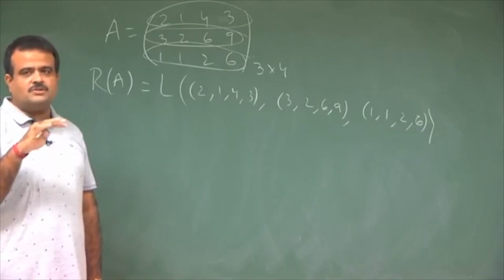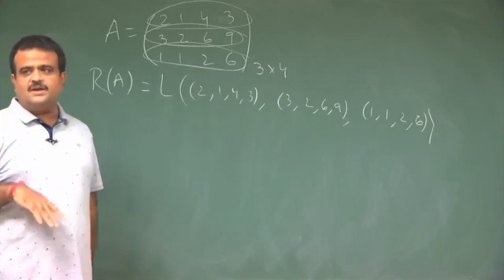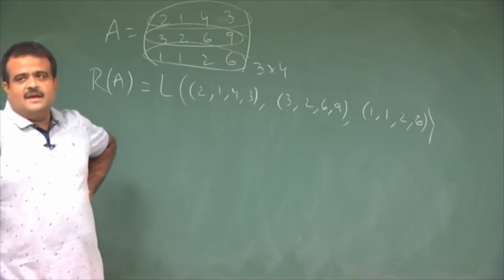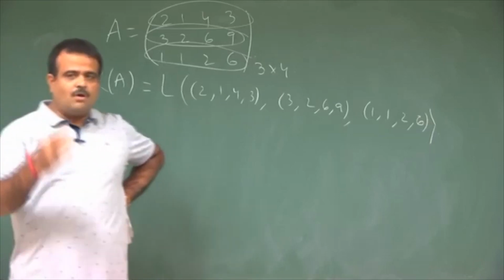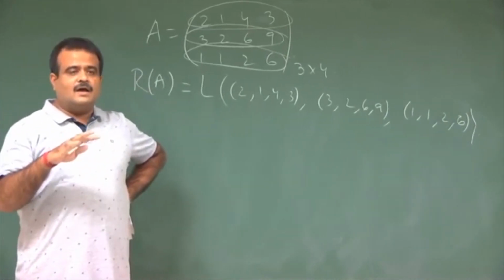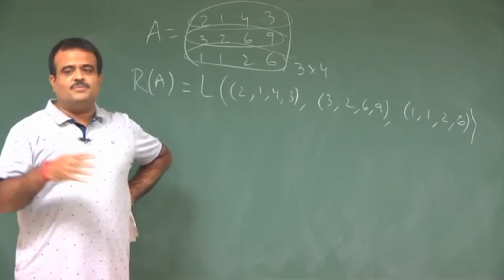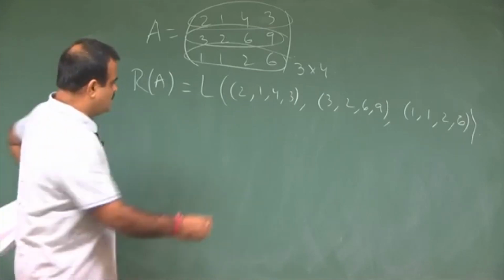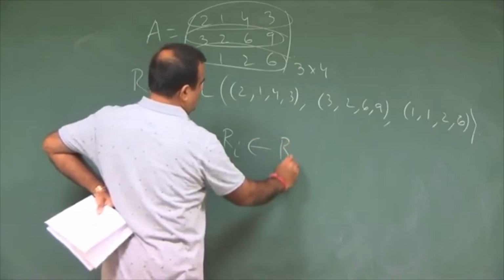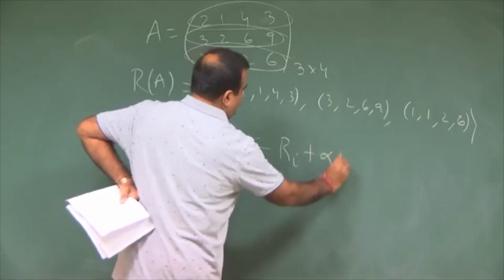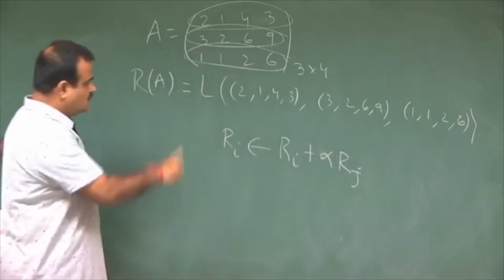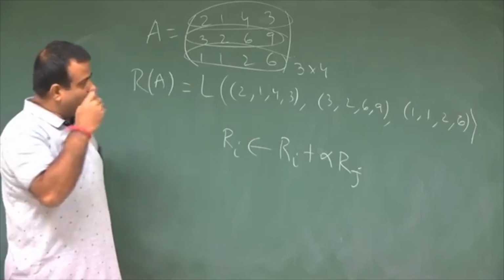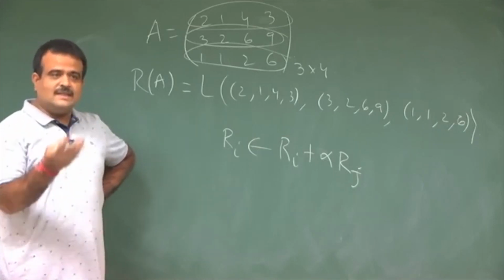When we apply the row operations, we are again doing a linear combination of the rows: if we replace R j by R j plus some alpha R i, this is nothing but a linear combination of the rows, exchanging 2 rows is nothing, and multiplying a row by a constant is again a linear combination of the rows.